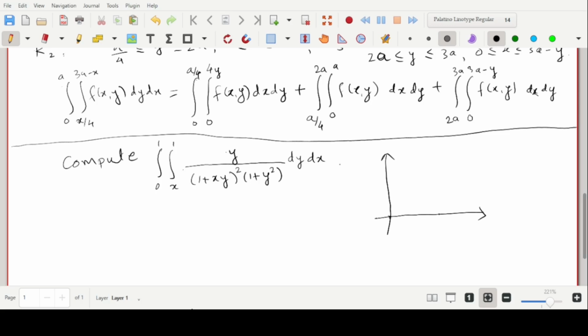So if we draw the line y equal to x, that exactly bisects this first quadrant. Suppose this is x equal to 1, then this is y equal to 1.